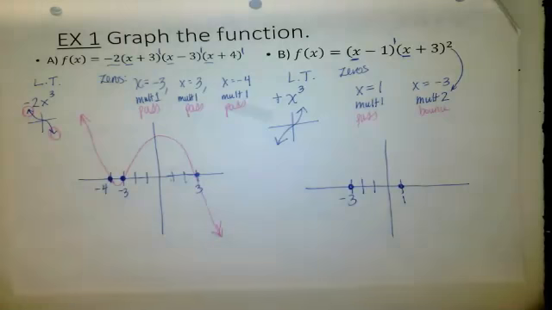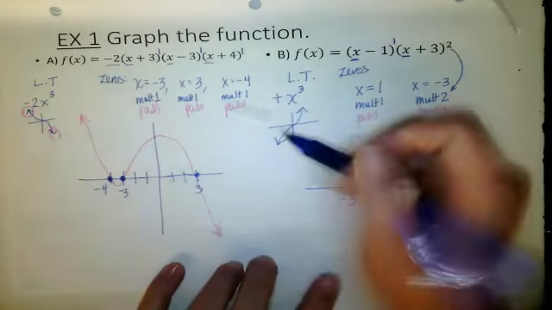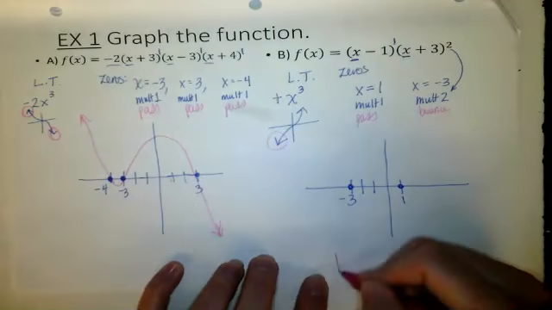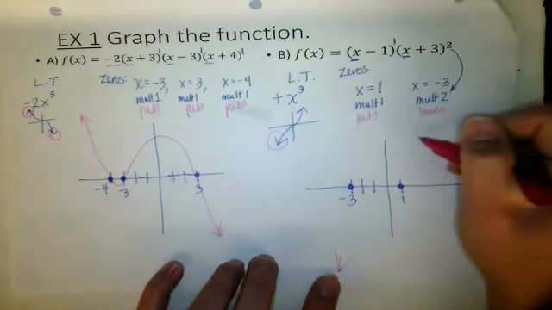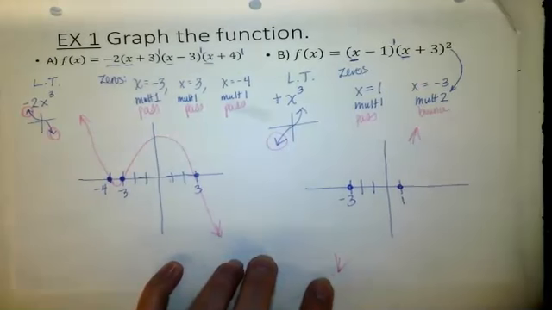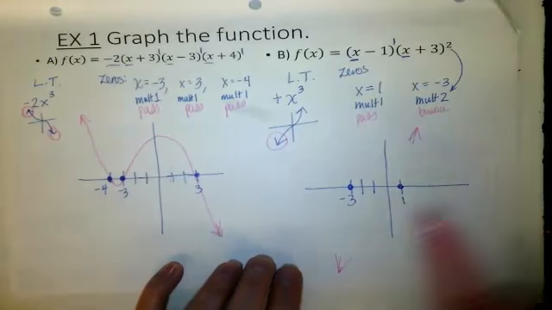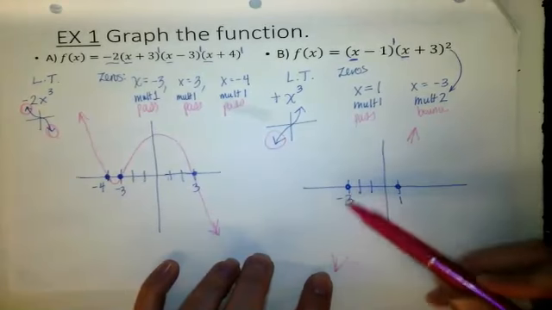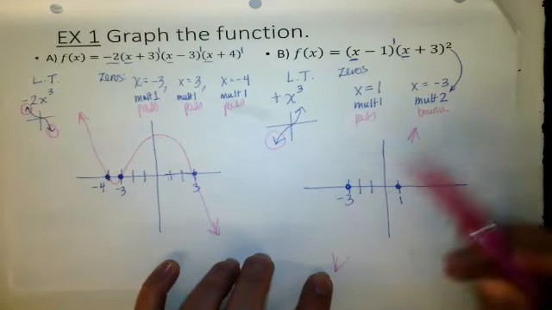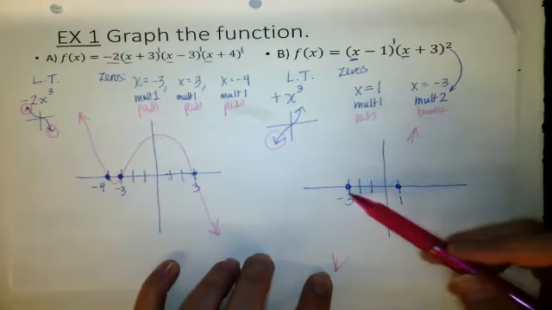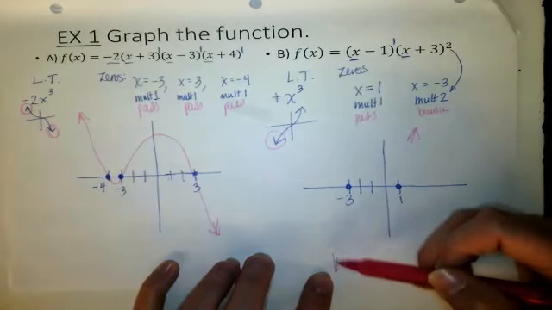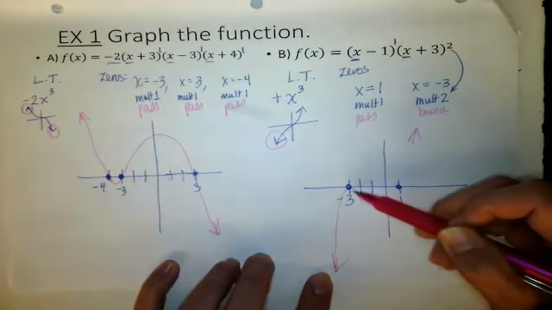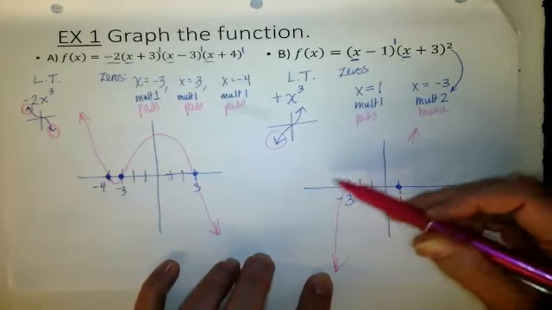Okay. All right, so here we go. My arrows here are going to start low on the left, and it's going to end up high on the right. And so I'm going to start down here on the left side of my graph, and the first zero I'm going to approach is -3. And at -3, I have to bounce off of it, which really means that it's going to look like a parabola if I'm just looking real close to -3.